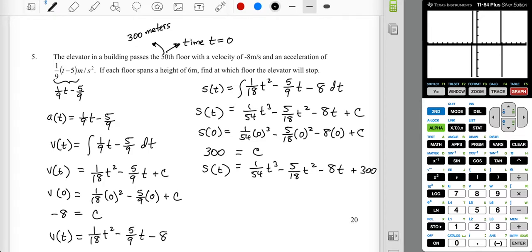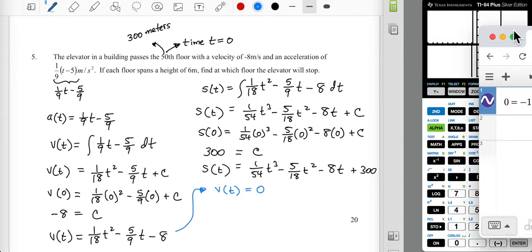All right, so that's good news. We have a velocity model, we have a position model. Find at which floor the elevator would stop. Well, it's going to stop when its velocity is equal to 0. So I'm going to solve this equation for when the velocity is equal to 0.